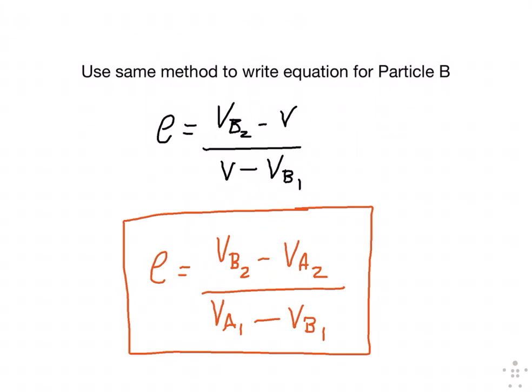So the numerator here is the relative separation velocity, and the denominator here is the relative approach velocity.